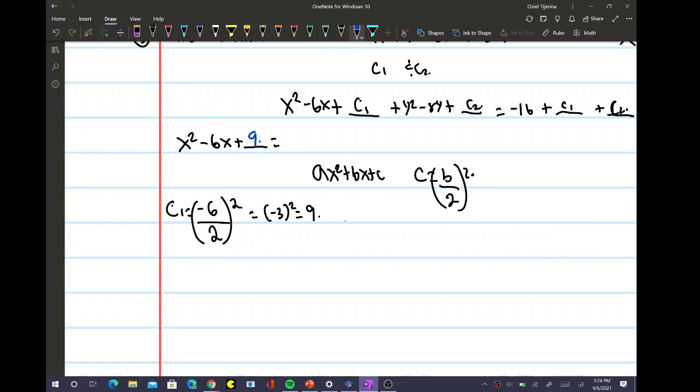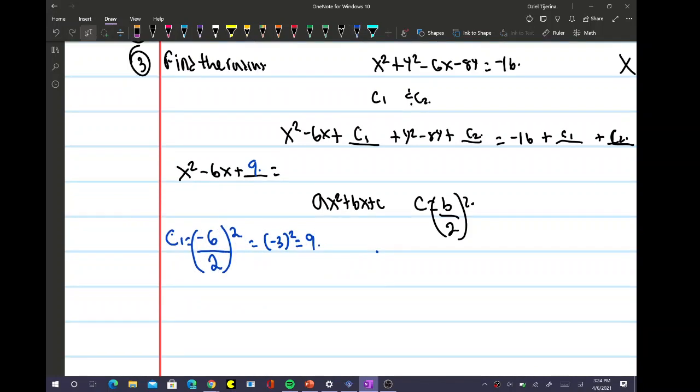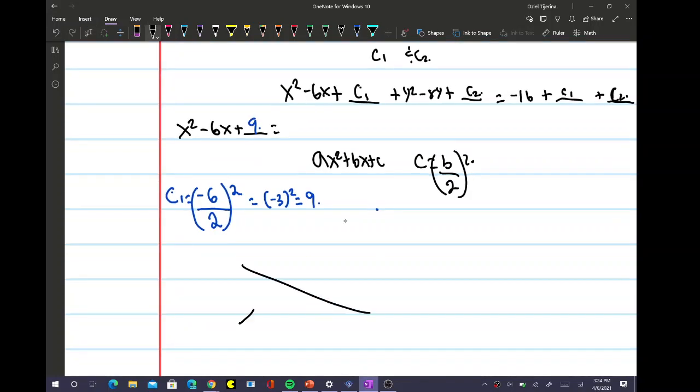And let me actually color code this so y'all can understand what I'm doing. So then this is going to be equal to, and then we factor this. If you factor this, it's going to be a perfect square, meaning there's going to be an x minus something squared.